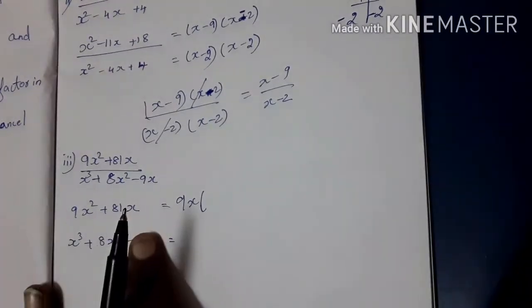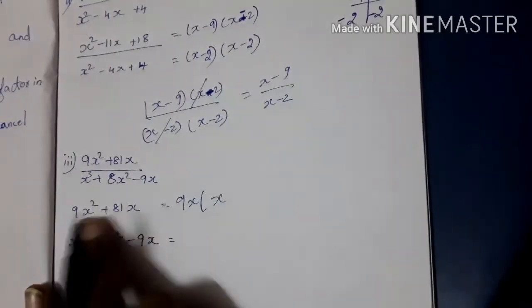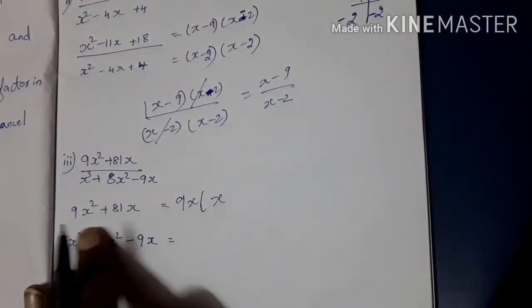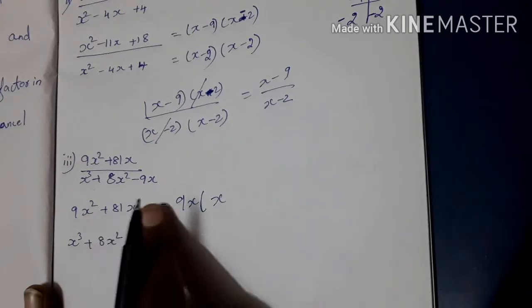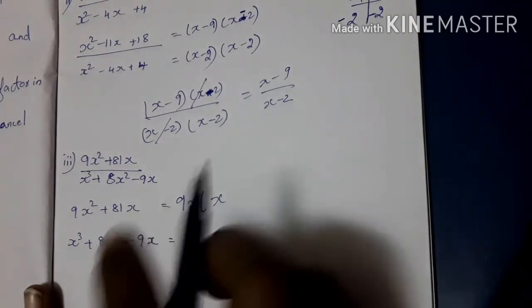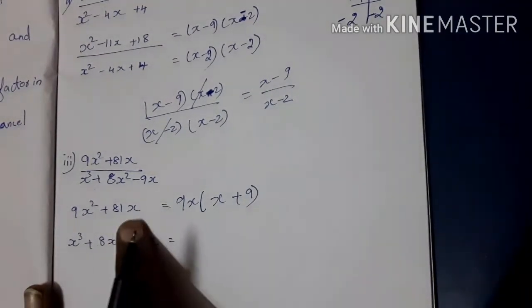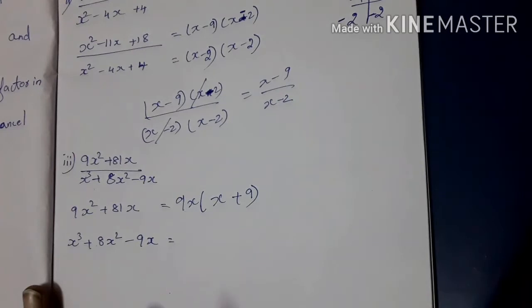Remaining is only x, because 9 and 1x we took as common. Here 81, 9 nines are 81, so we take 9 as common. Next we have only 9, because x was also taken as common.